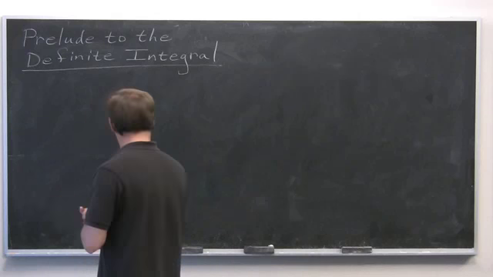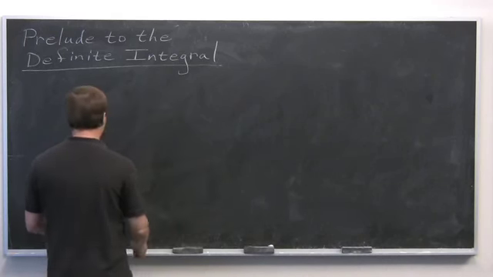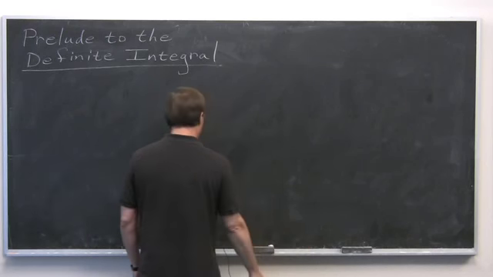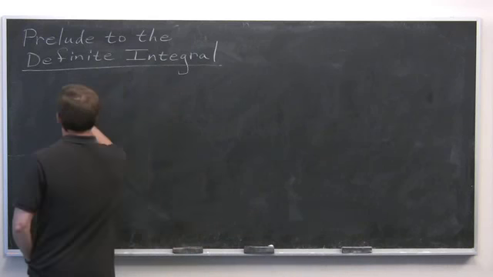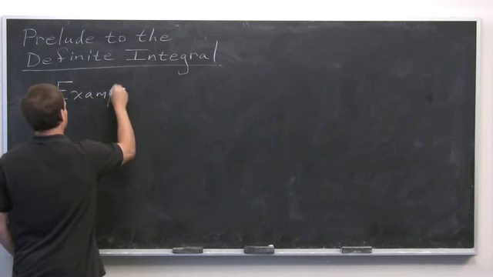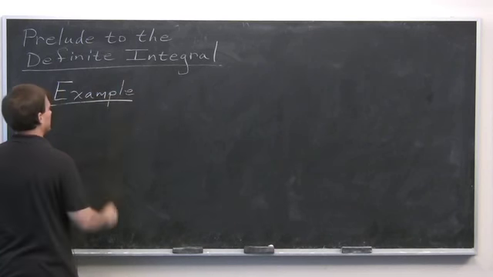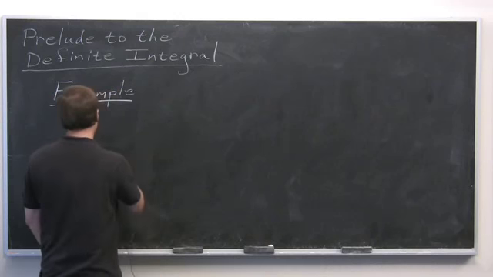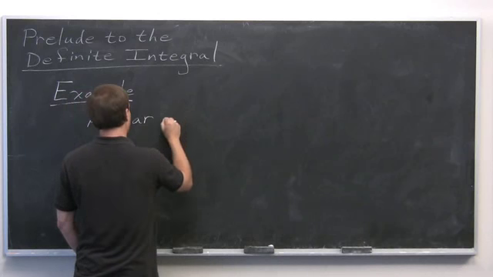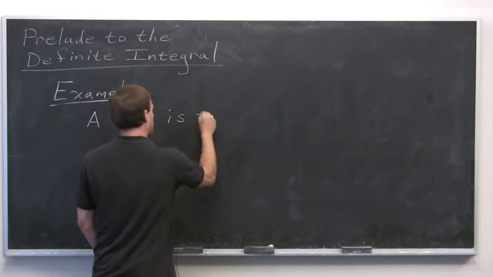Okay, so let's look at an example of what it is that we're trying to approximate and calculate. We'll return to velocity again. Suppose you've got a car traveling along a straight road.